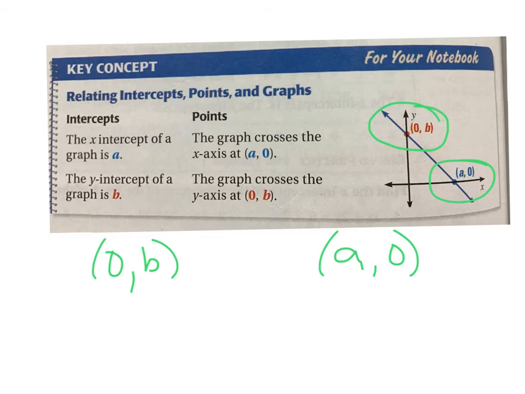All right, so let's apply this using a real problem. This is example 4. We're event planning. You're helping to plan an awards banquet for your school, and you need to rent tables to seat 180 people. Tables come in 2 sizes. Small tables seat 4 people, and large tables seat 6 people.